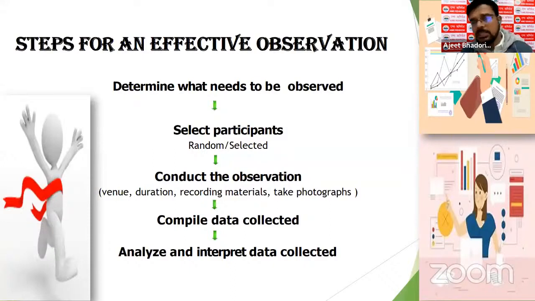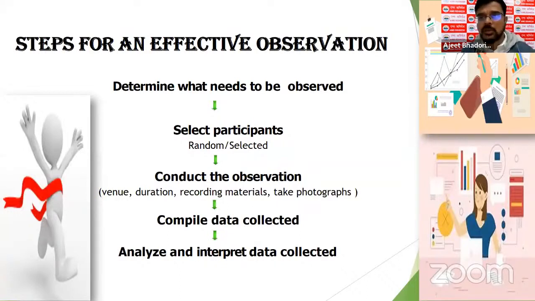They can be randomly selected. If you're doing a study where you're doing sample size calculation and using a sampling technique, you may go for random selection of people. And sometimes we go for convenient sampling, or a first come first included type of approach. Then you conduct the observation. You decide a venue and decide the duration.